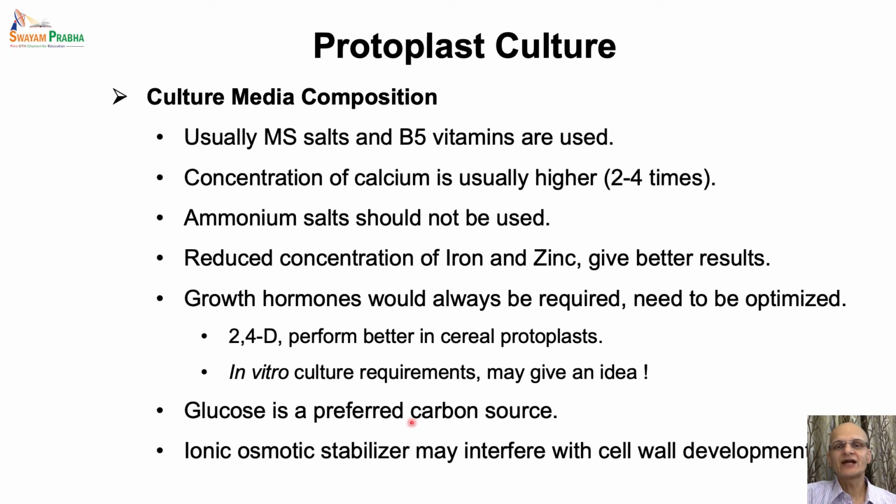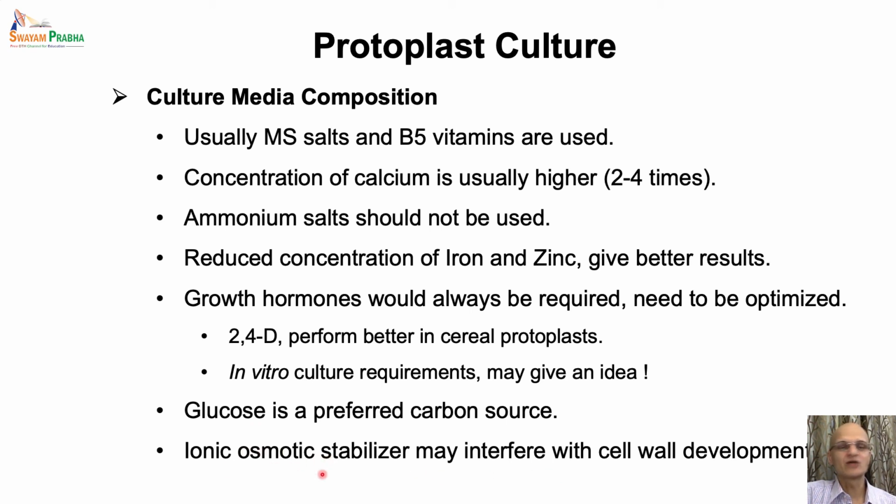Similarly, any carbohydrate source can be used for the in vitro cultures. However, the use of glucose is usually preferred and performs better than the others like sucrose, fructose, maltose, and so on. And finally, the osmotic stabilizer.